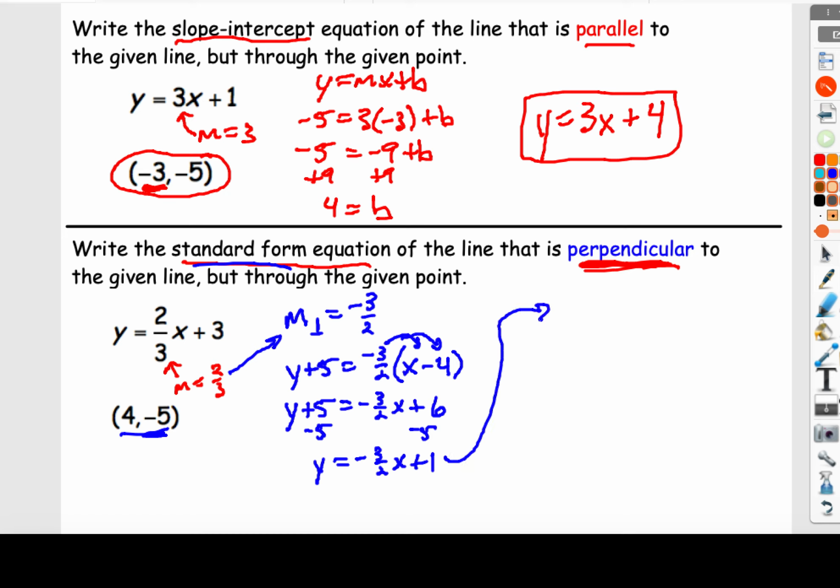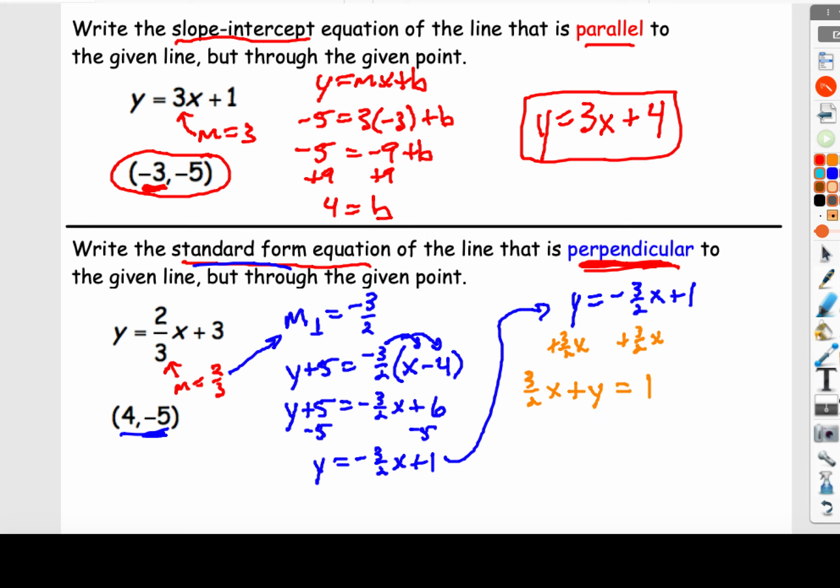I'm going to transfer that up here because now if we want standard form, we just need to adjust this equation a little bit. We need to get x and y on the same side. So the first thing I'm going to do is add 3/2 x to both sides. So therefore 3/2 x plus y equals 1.